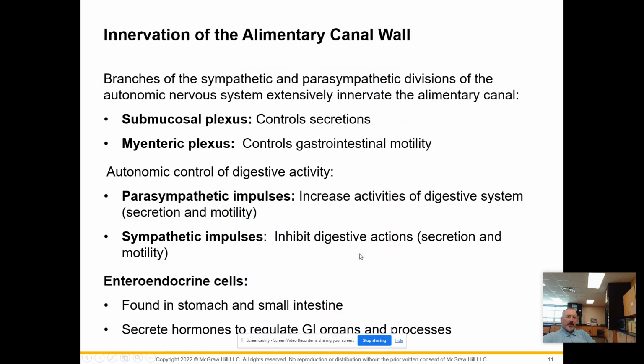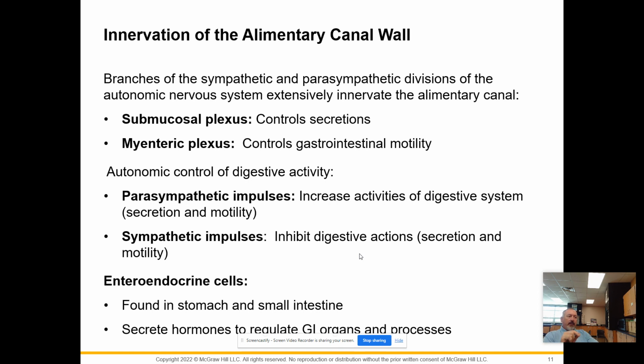Now, innervation of the alimentary canal: you're going to have branches of the sympathetic and parasympathetic that are going to be involved here. We know that parasympathetic is the rest and digest, so we're not surprised to see it having a major part in secretion and motility.